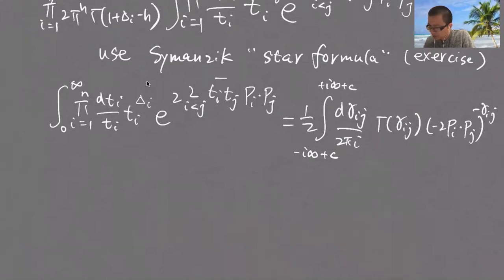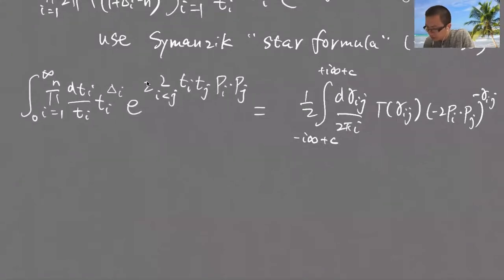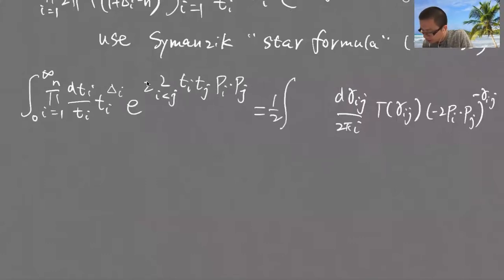Here I should make it clear. So let me move this whole thing a little bit to this side, clear up and make it clear. So it's 1/2 integral, for the contour from −i∞ to ∞ plus some shift, and the integration is for i smaller than j, so it's a product over i smaller than j.